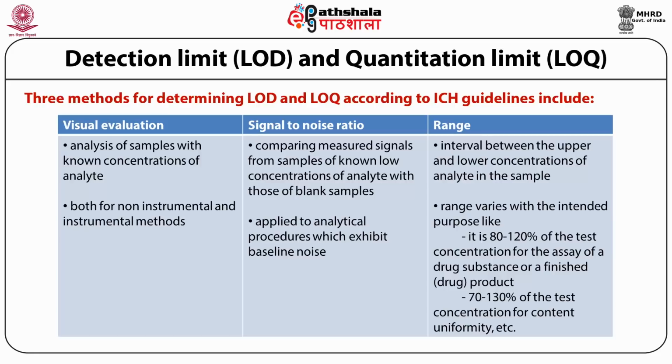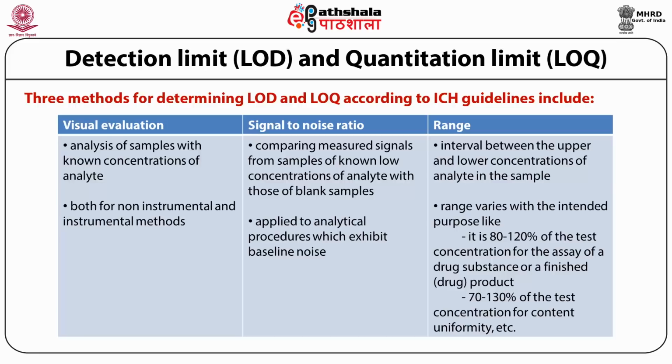Signal to noise ratio approach. This method can only be applied to analytical procedures which exhibit baseline noise. It is determined by comparing the measured signals from samples of known low concentrations of analyte with those of blank samples and establishing the minimum concentration at which the analyte can be reliably detected.